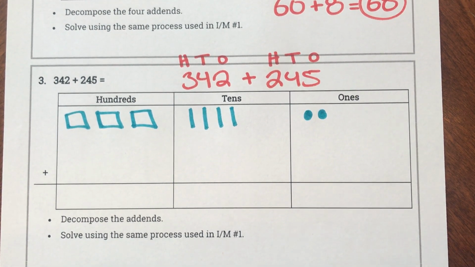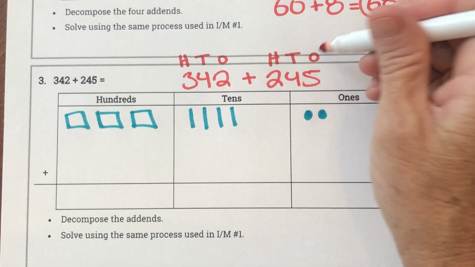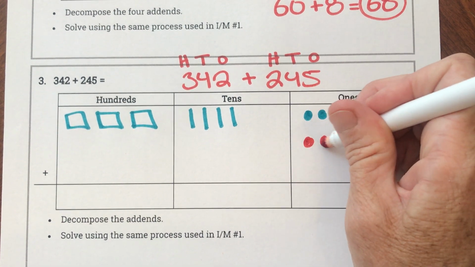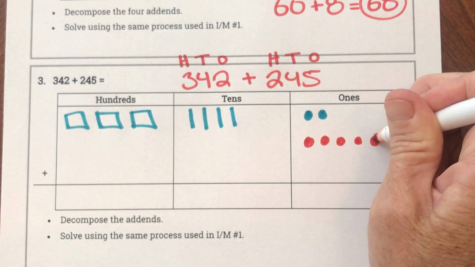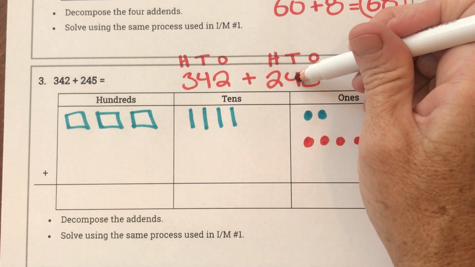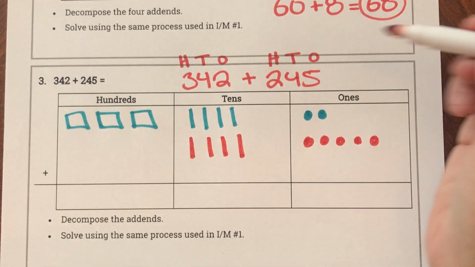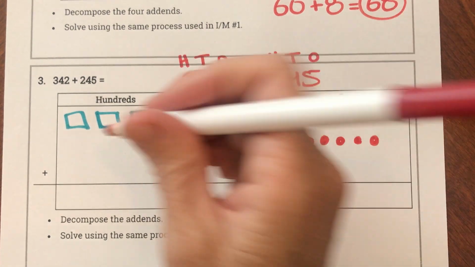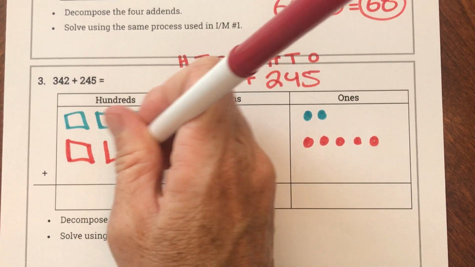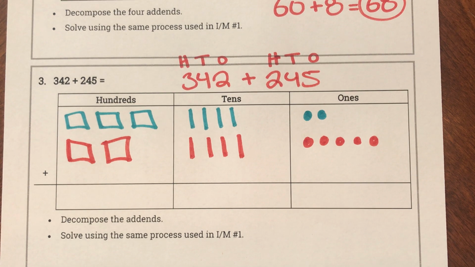Now let's draw my second add-in. I have 5 ones. 1, 2, 3, 4, 5. I have 4 tens. 1, 2, 3, 4. And I have 2 hundreds. 1, 2. Okay, now that I've drawn both my add-ins, let's start to add them.